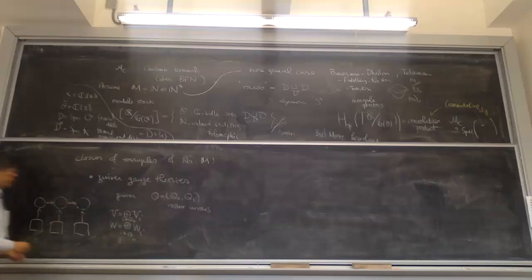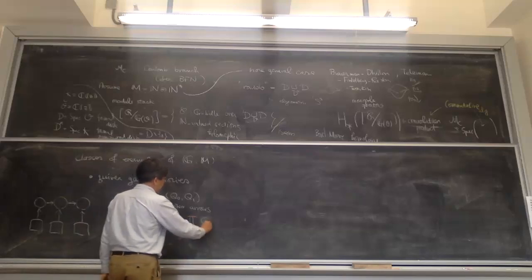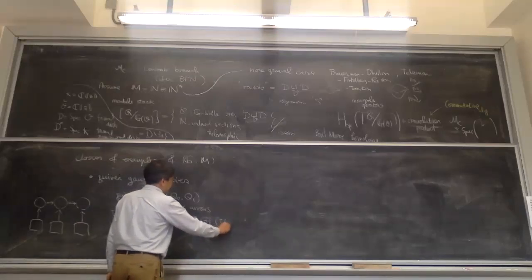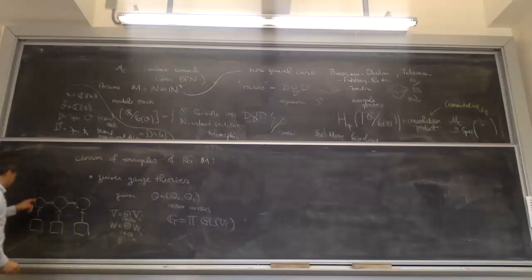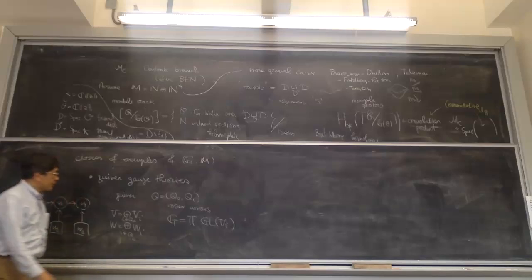So G is just a product of general linear groups for the V_i. So if you have V1, V2, and V3, and W1, W2, and W3, then this is a product of GL(V1), GL(V2), and GL(V3).